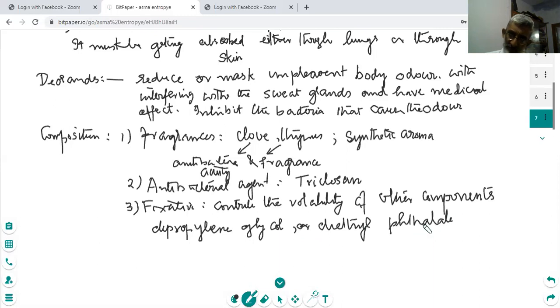So these are the fixatives that are used.